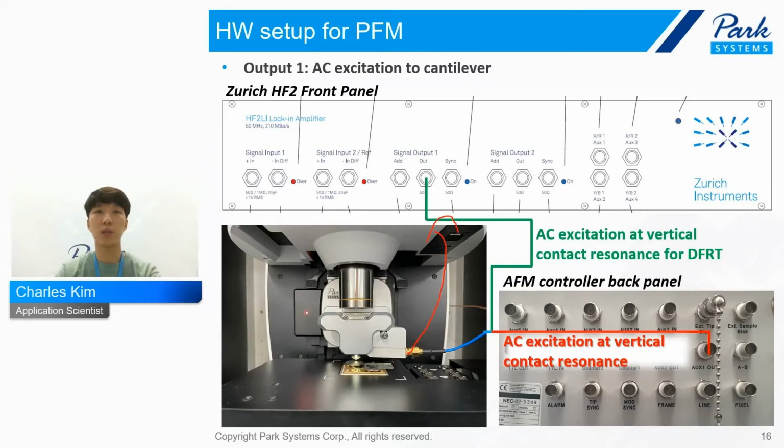But in the case of off resonance, you don't need to connect any external bias because the AFM head already has the internal bias. In the case of contact resonance PFM, we need to connect to the backside of our AFM controller. So these points are a little bit different depending on the modes.